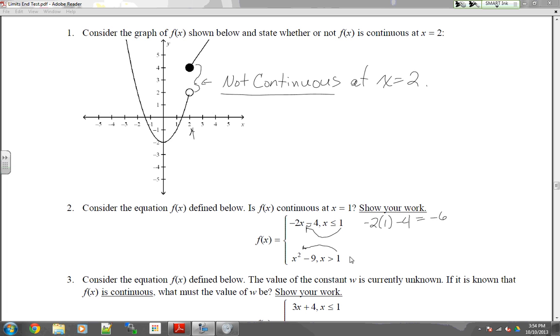And you plug in the 1, you get 1 squared minus 9. 1 squared is 1, minus 9 is negative 8. Since these are not the same, this function is not continuous.